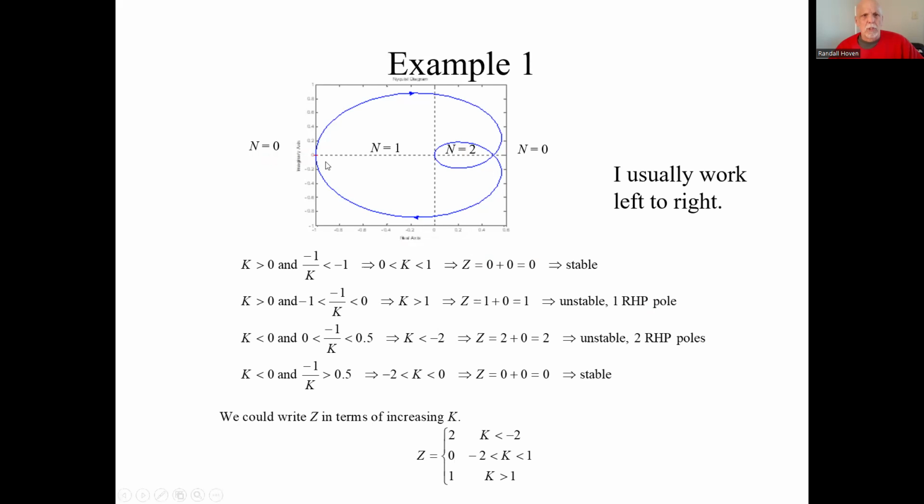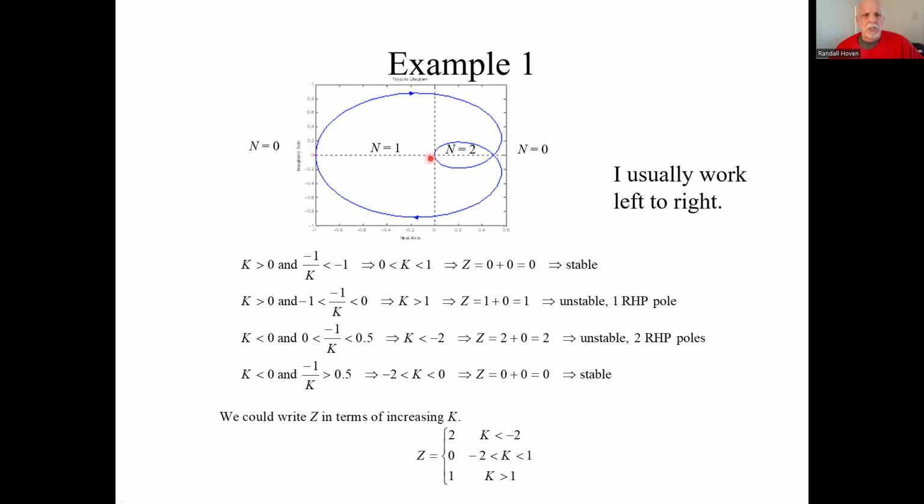We've got 1, 2, 3, 4 segments of the real line to deal with. In this one, I'm out here, n was 0. So 0 plus 0 is 0. No right half plane poles. It's stable for those k's. K is between 0 and 1.